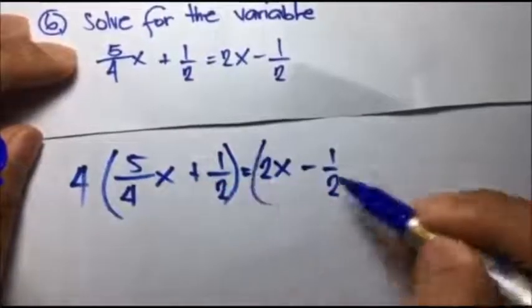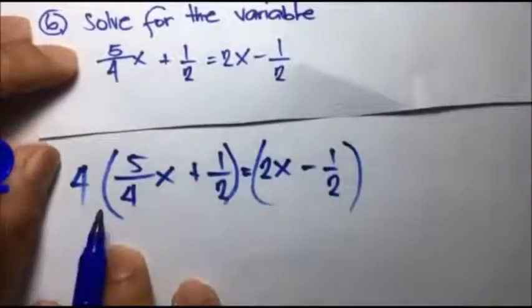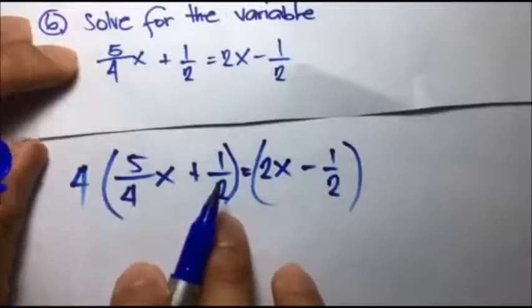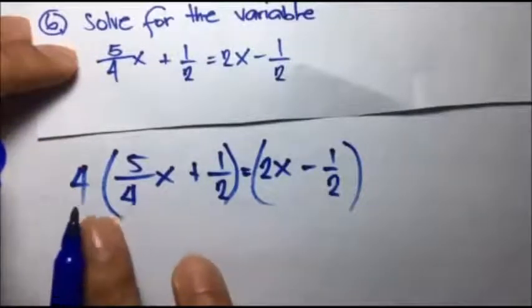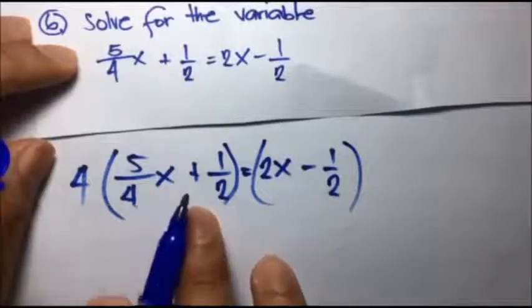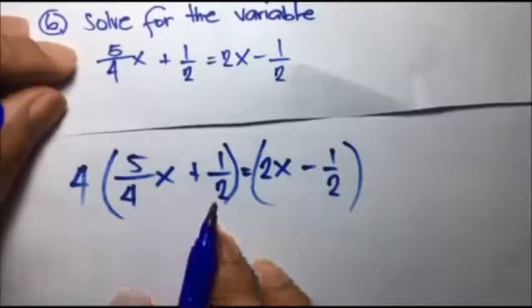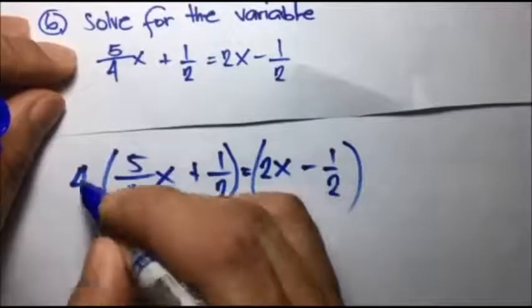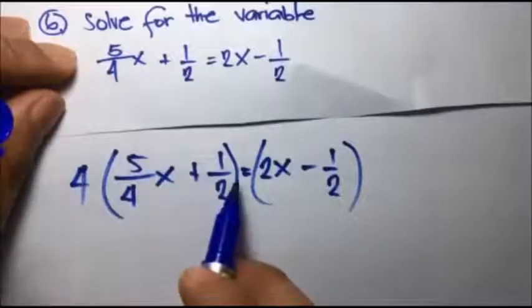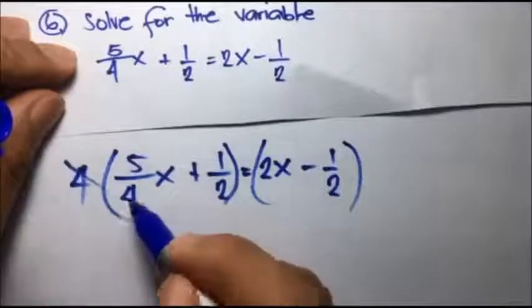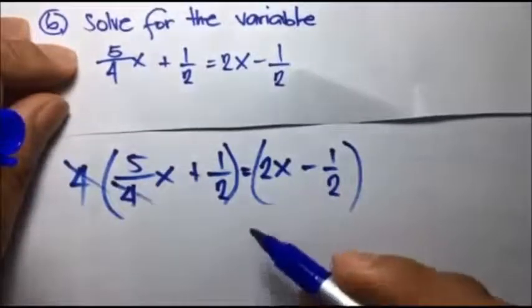Our LCM is 4, the LCM of 4 and 2 is 4. Using the distributive property, we cancel these.